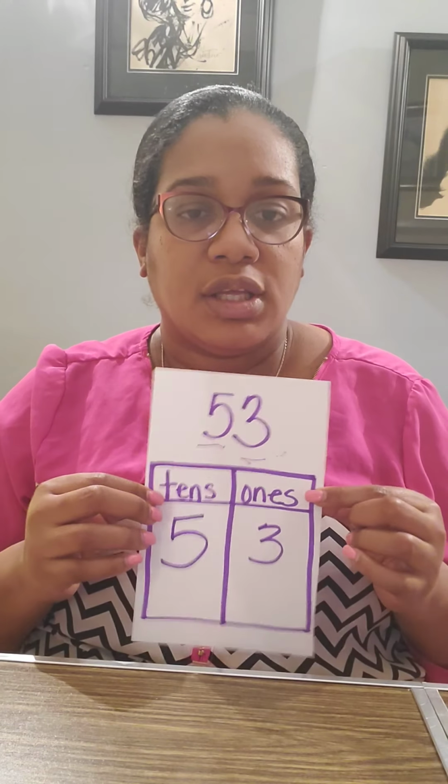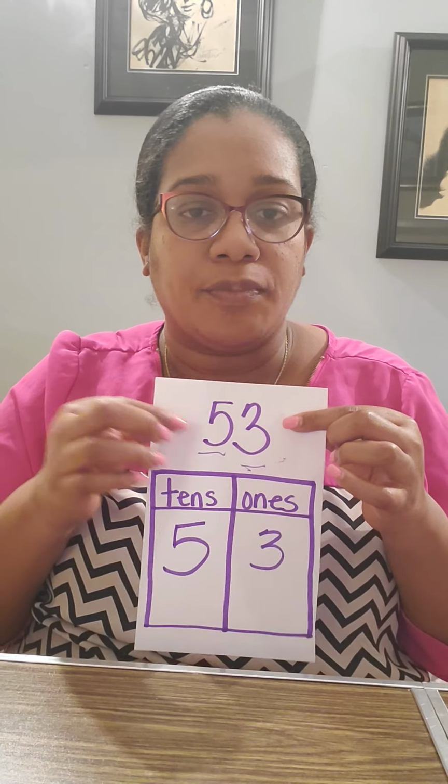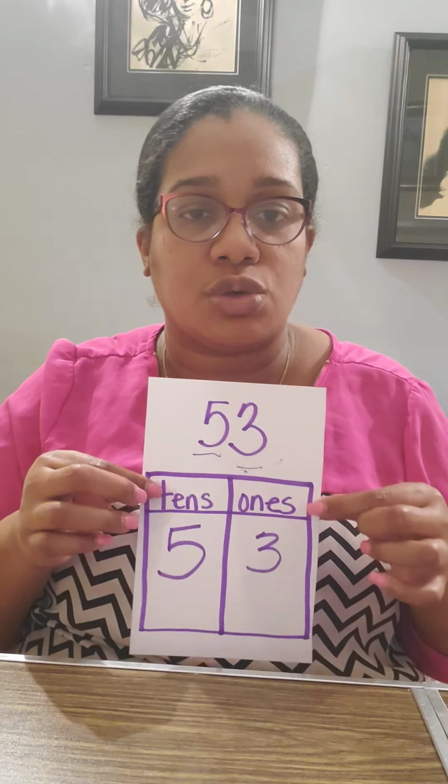The number towards the right is your ones. If you can tell which place is your tens and which is your ones, then you should be able to go through this problem set with some understanding. Also, the place value chart matches the number. My tens are on this side, my ones are on this side. So think about all of these images that you have and let's apply them.